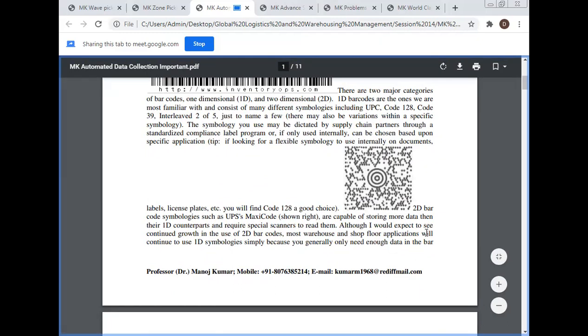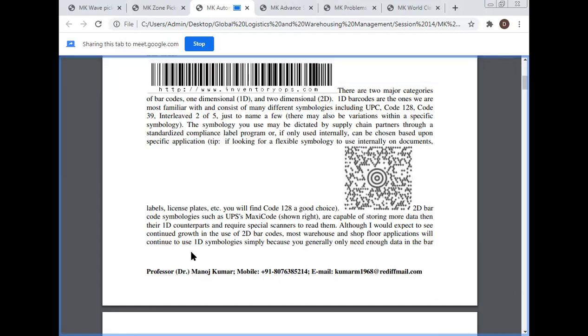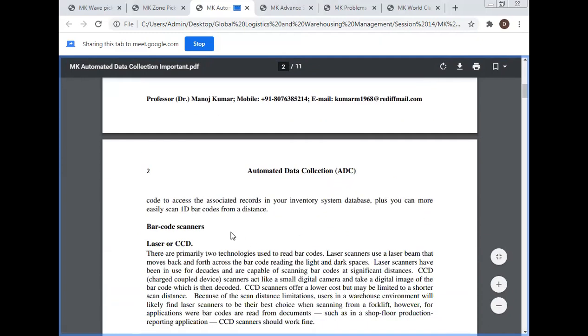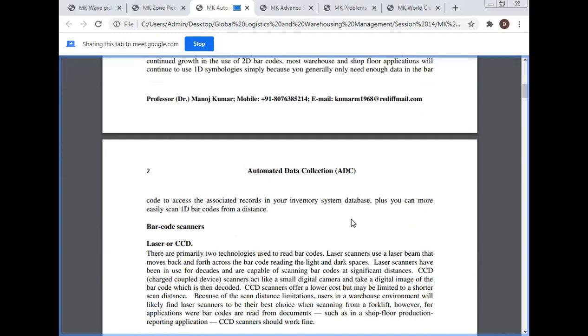Although I would expect to see continued growth in the use of 2D barcodes, most warehouse and shop floor applications will continue to use 1D symbologies simply because you generally only need enough data in the barcode to access the associated record in your inventory system database, plus you can more easily scan 1D barcodes from a distance.